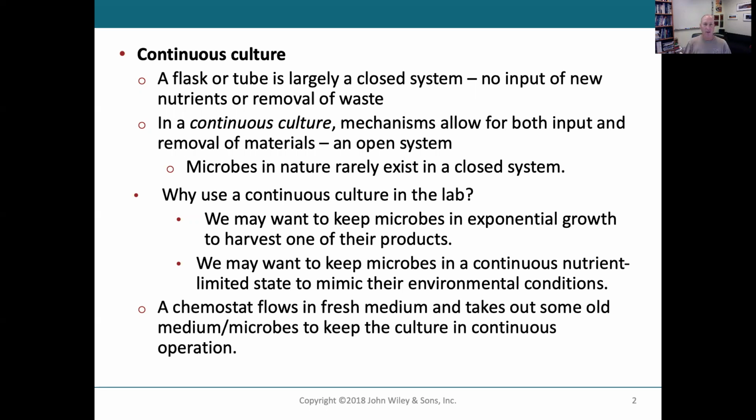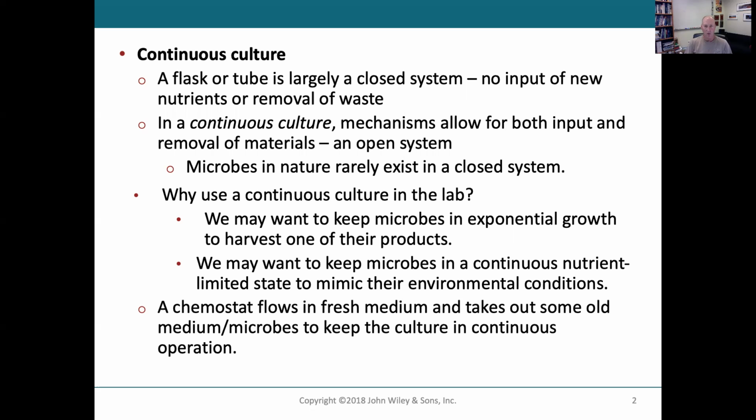So it's important to think about how microbes are growing in real world habitats in these sort of continuous systems. We may try to mimic that by setting up a continuous culture in the lab where we have a constant input of nutrients and a removal of waste products. If we do that, we can potentially keep microbes growing for long periods of time rather than having just that transient log phase until the nutrients are exhausted.